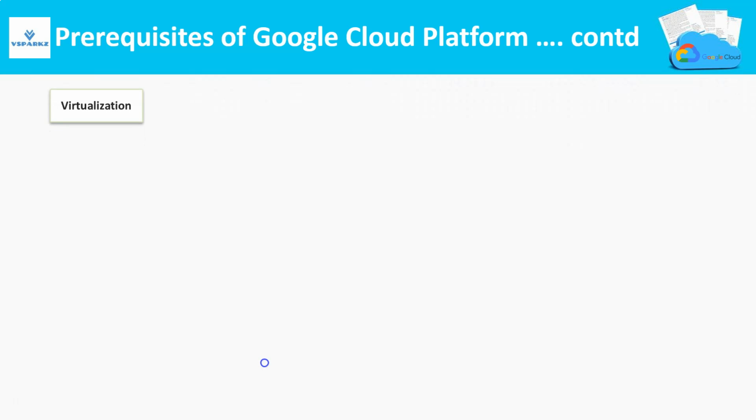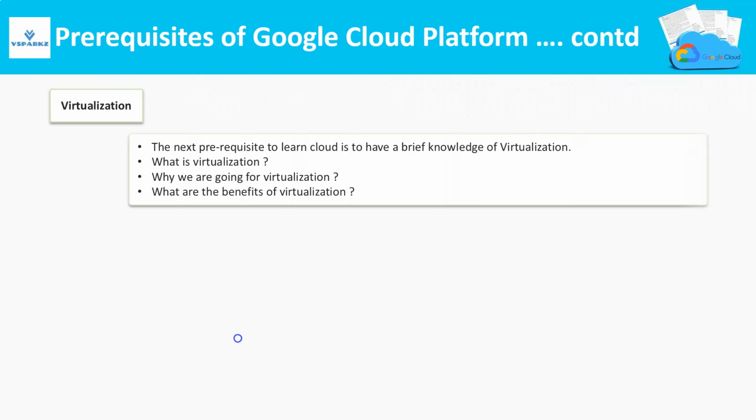The next prerequisite to cloud is to have brief knowledge about virtualization. What is virtualization? Why are we going for virtualization? What are the benefits of virtualization? These are the questions that describe the role of the virtual environment in today's digital world.